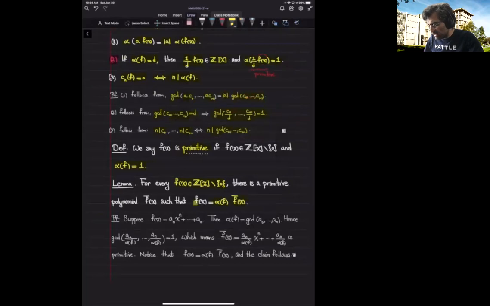So we can always find a primitive polynomial, and it's unique. In fact, I can find a unique primitive polynomial f bar such that f is its content times f bar. Okay, so that's essentially the second property of the content function.